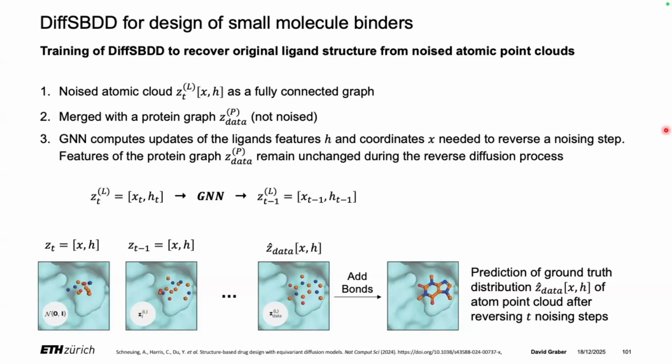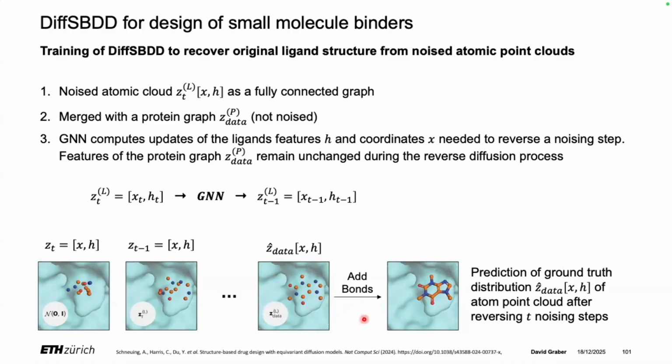So the workflow works like this: in the sampling, you have your pocket, and then you can basically sample a random noise within this protein pocket. And then over this certain number of time steps, you go from time t to 0, basically, aiming to match your data distribution again. So you end up with a point cloud that might look like this.